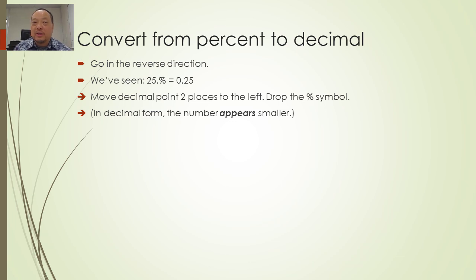And vice versa. In percent form, the number appears larger than in decimal form. The number 0.25 appears smaller than 25. So if you move the decimal point in the wrong direction, you get an answer that doesn't make sense. Then just erase it and do it again, move in the other direction.